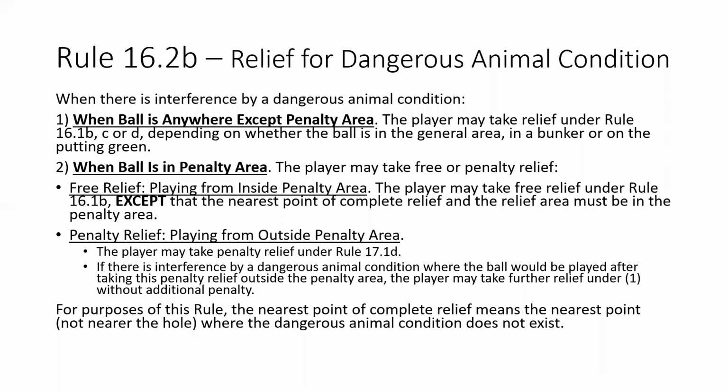Yeah, you'd be good then to do that, but the point is you'd still have your options where you could take free relief in the part of that penalty area that's safe, or go outside for a 1 stroke penalty. Correct, but you can substitute the ball. Yes, under the rule you can substitute, or you let your opponent prove it's not yours.